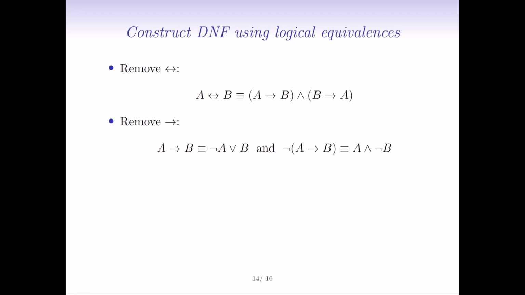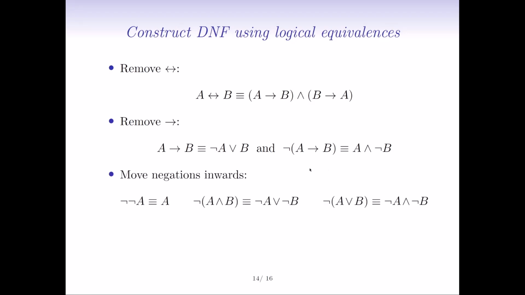So you can replace A implies B with, for example, not A or B. And you can replace negated implications more quickly: you could just replace not (A implies B) with not (not A or B), and then do something about the negations later. Or you can directly replace not (A implies B) with the equivalent formula A and not B.